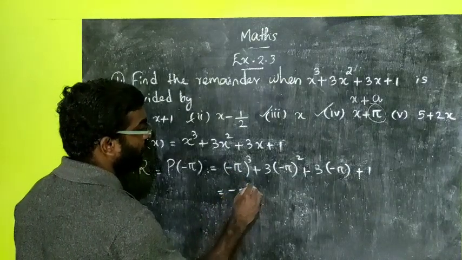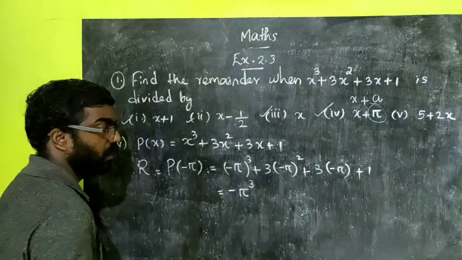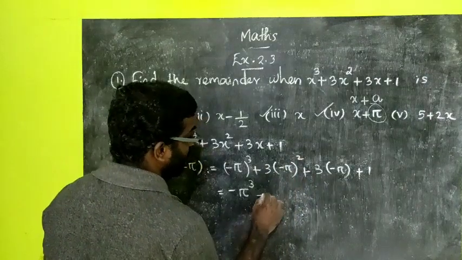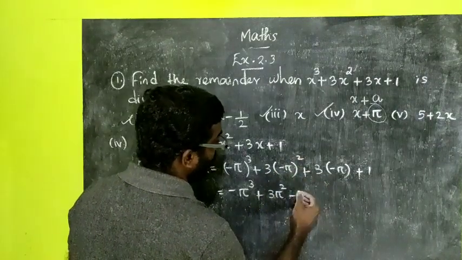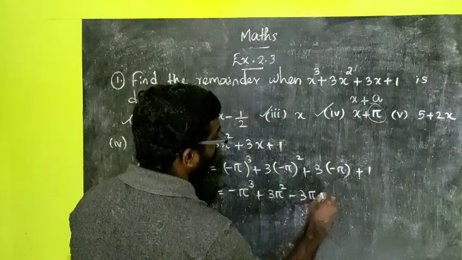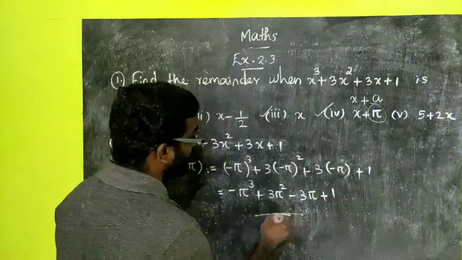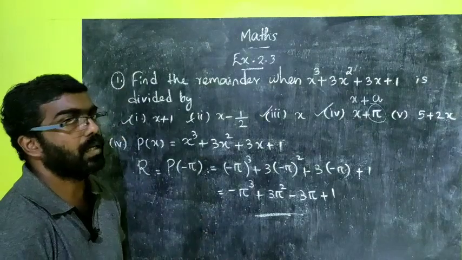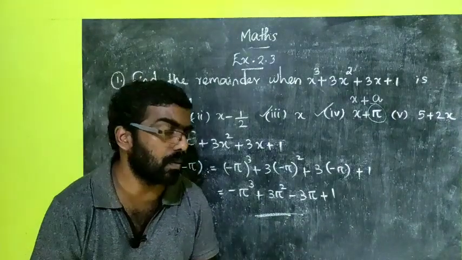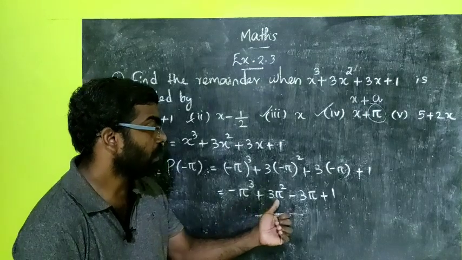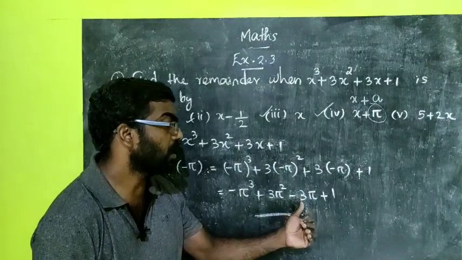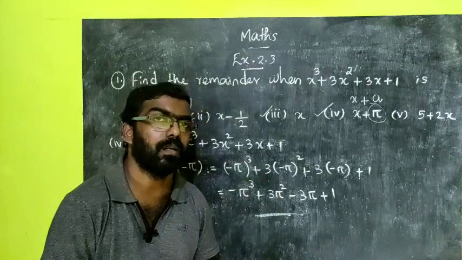Minus square is plus, that is 3 pi square, plus into minus is minus, 3 into pi, 3 pi, then plus 1. Okay, here there are no like terms, so we cannot simplify this one. So this will be the final answer, minus pi cube plus 3 pi square minus 3 pi plus 1. Clear?